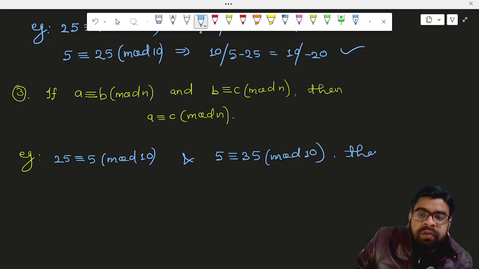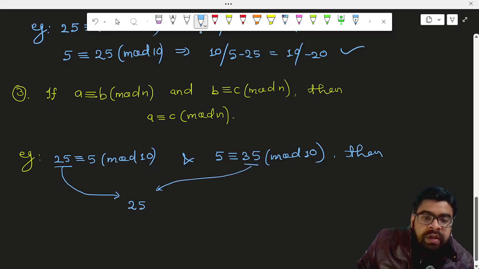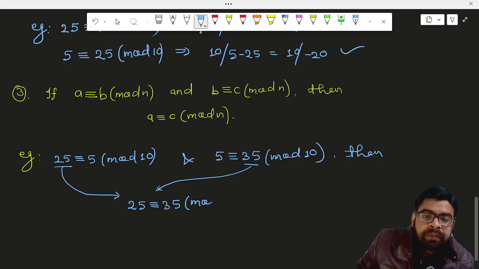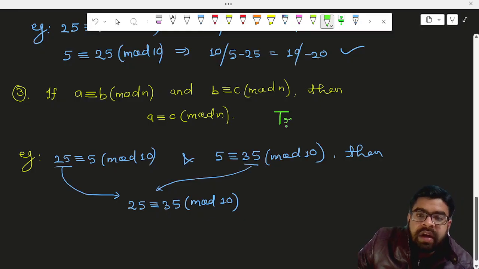Then with the help of these, we can write down 25 congruent 35 modulo 10. So this property always holds. This property is called transitivity.